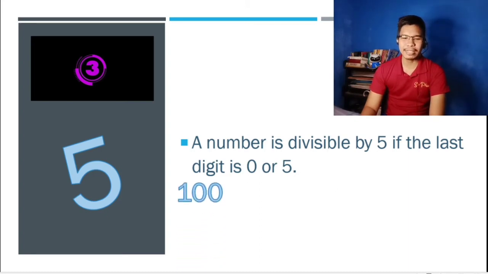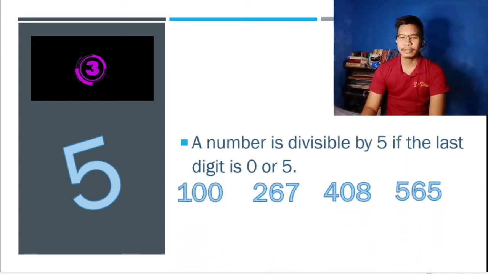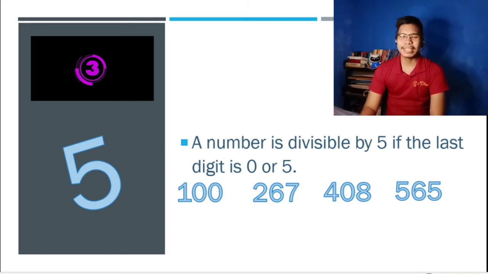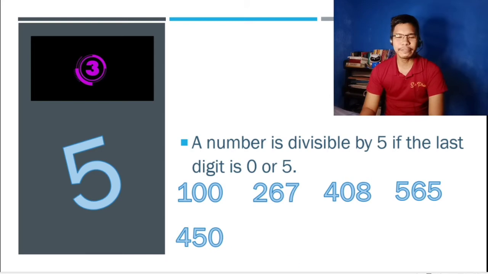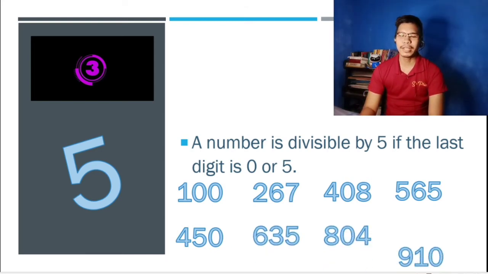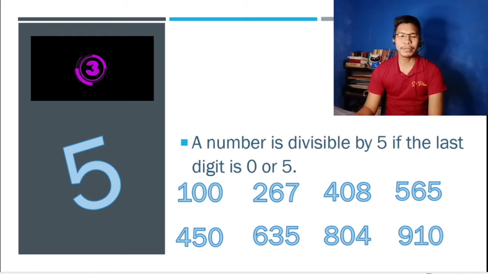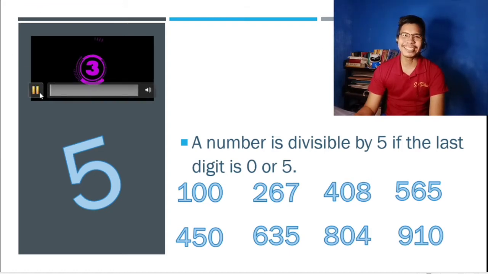I have here examples: 100, 267, 408, 565, 450, 635, 804, and 910. So I'll give you 10 seconds again to determine which of these numbers are divisible by 5. And your time starts now.